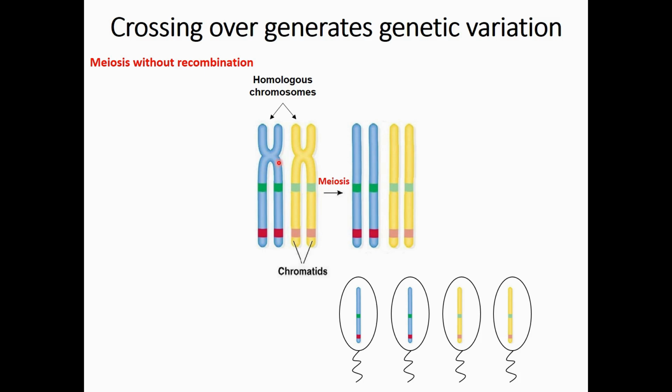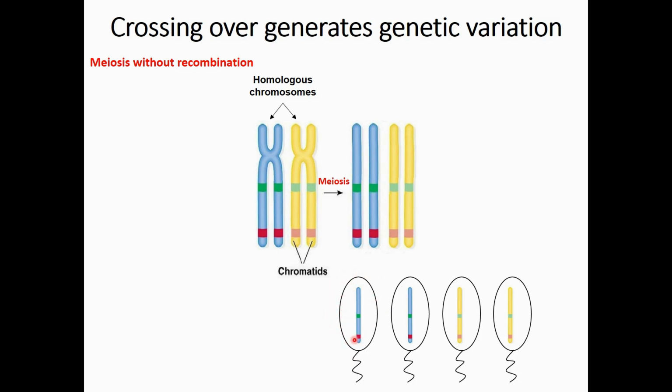Each one of them is made of two sister chromatids that are still attached to each other. So these replicated homologous chromosomes can undergo meiosis, whereby each of the chromatids will get separated and will end up individually present in one of the gametes.